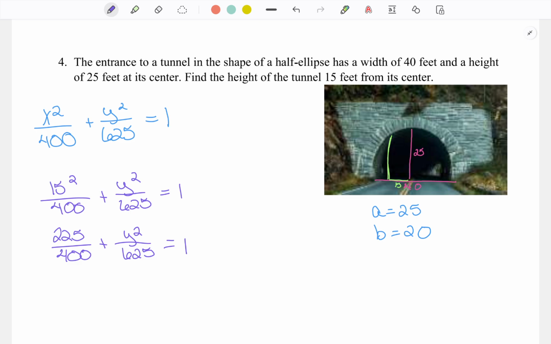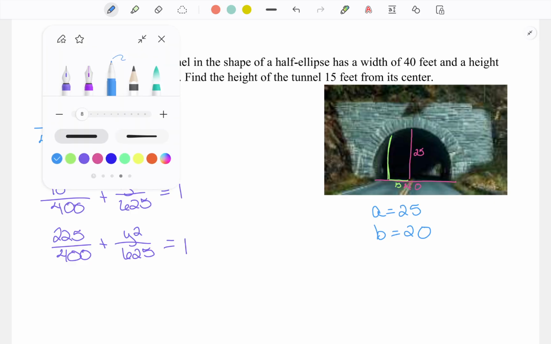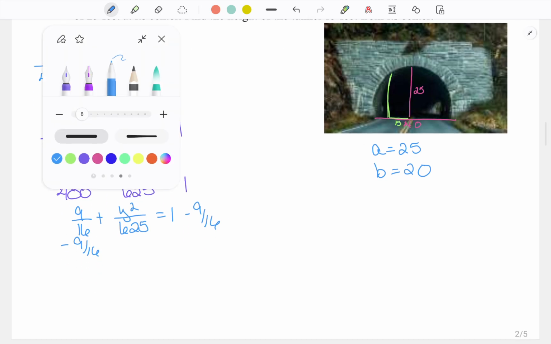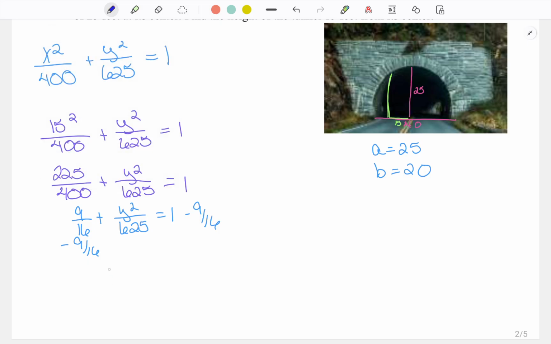We can actually reduce it, because it reduces to 9 over 16. But when we subtract that 9 over 16, that is going to give us y squared over 625 equals 7 over 16.